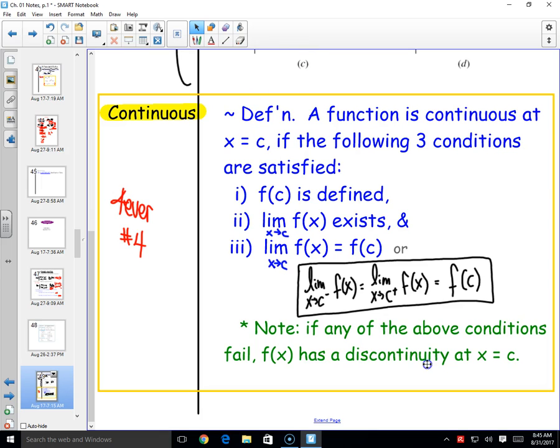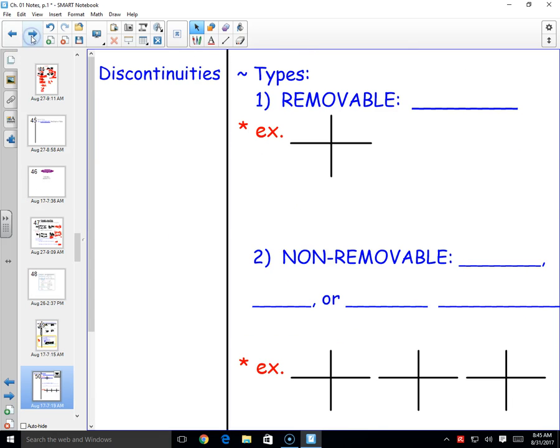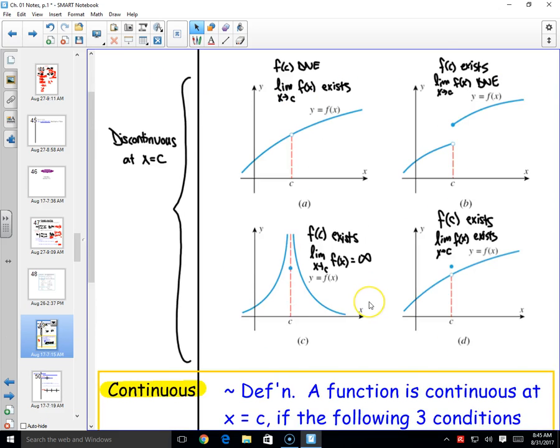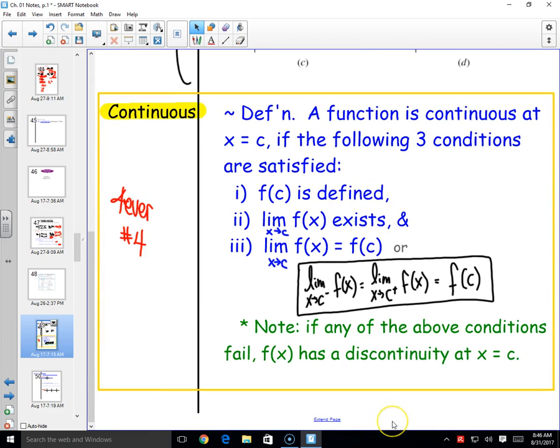Does that make sense? Why does this class go by too fast? Now, is the step function continuous everywhere in its domain? Too fast, David, that's a good thing. It's horrible. Oh, you guys didn't get the definition? I needed the last one. Note, if any of the above conditions fail, f has a discontinuity there.